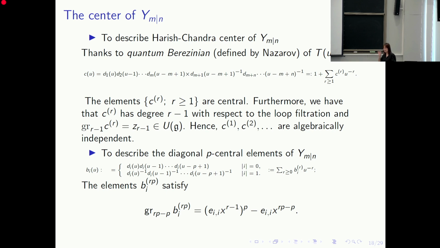Under the above assignment, we have these relations, so we can prove that the subalgebra generated by these elements is the diagonal p-central elements of Y_{M|N}.